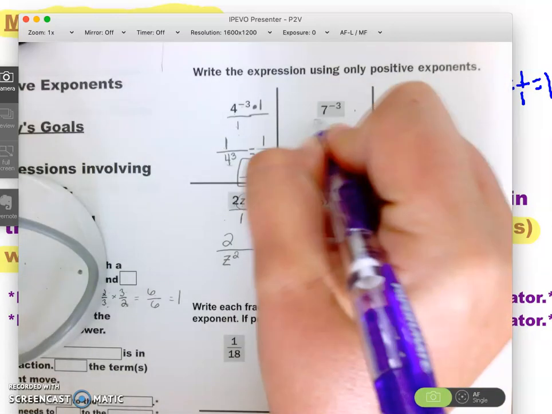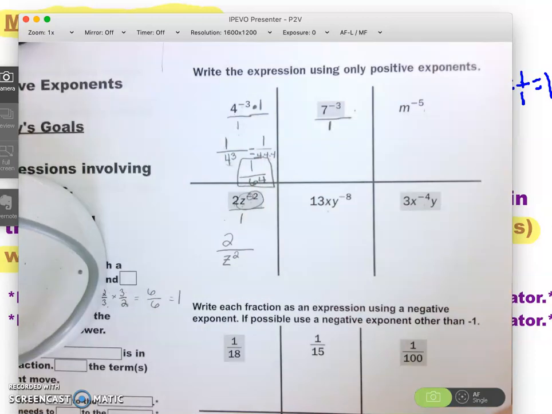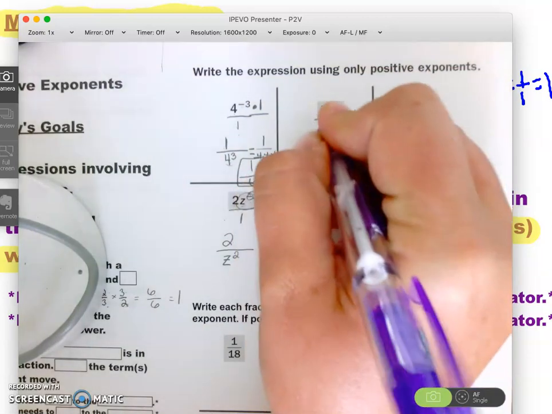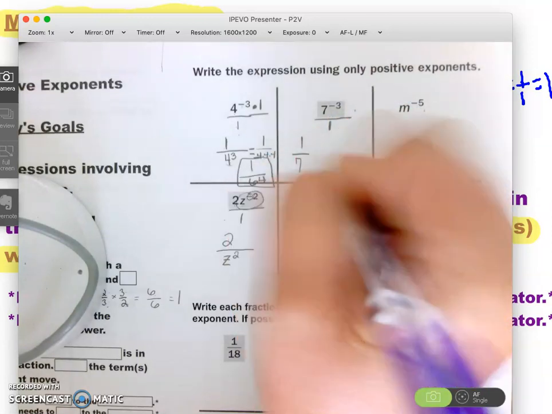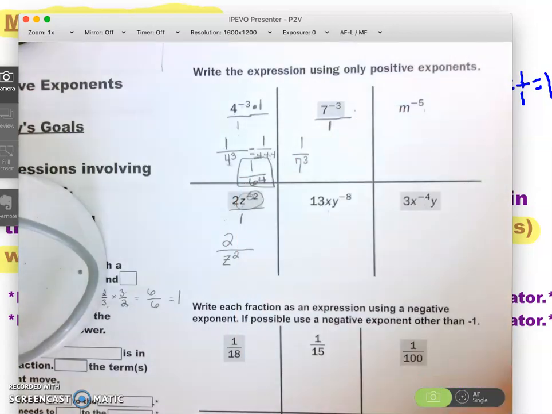Okay, again, let's change this to a fraction. Just put it over 1. You can do that. You can put anything over 1. Then I'm going to move this to the bottom of the fraction, so 1 stays on top. Now it's 7 to the third power.